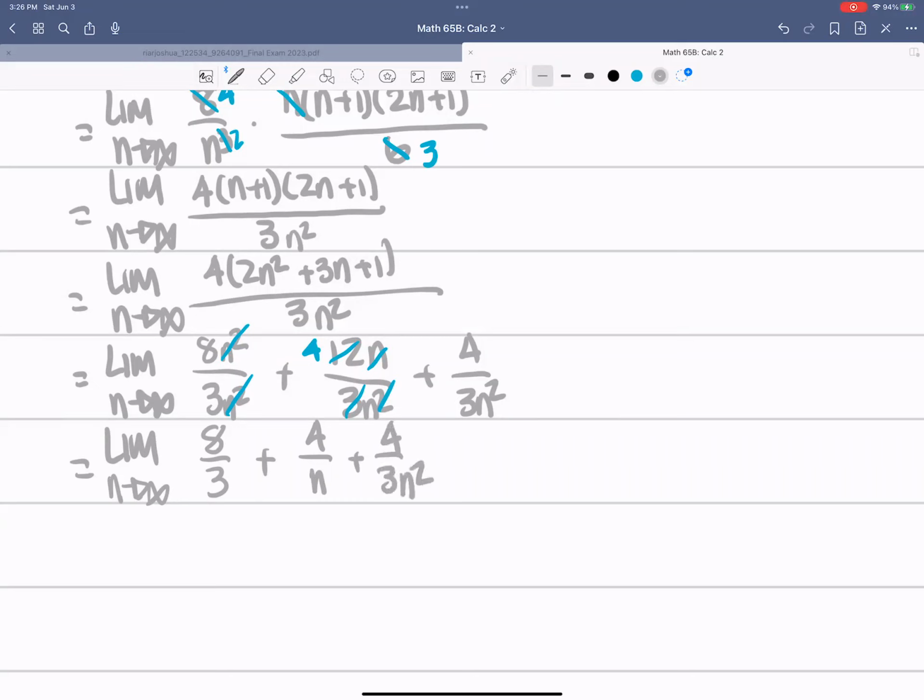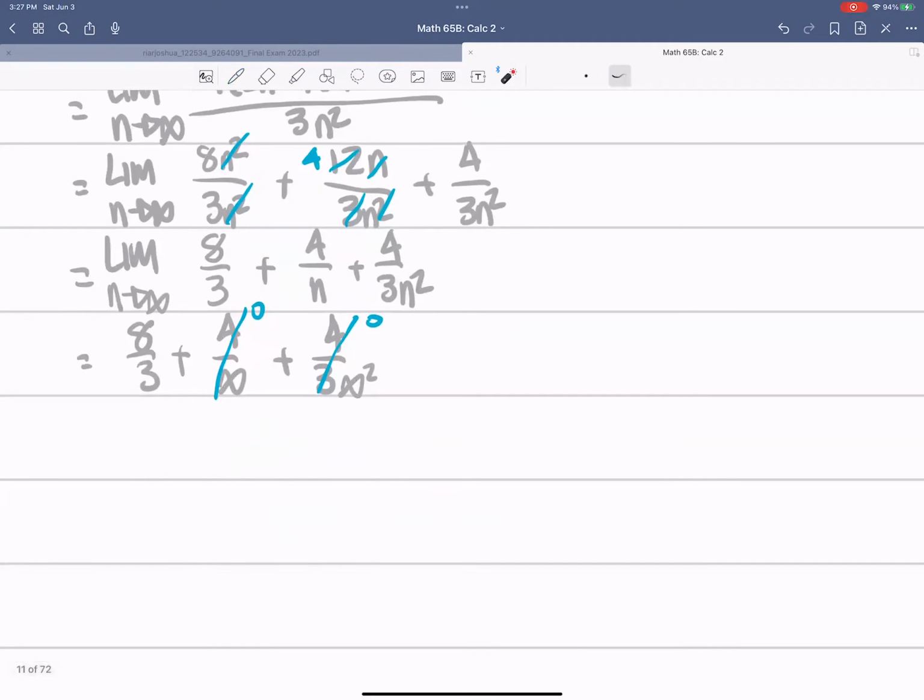All right. Now, as n approaches infinity, we're left with 8 over 3 plus that 4 over infinity, which would just simplify to 0. And 4 over 3n squared, or 4 over 3 times infinity squared, which again, would also go to 0.